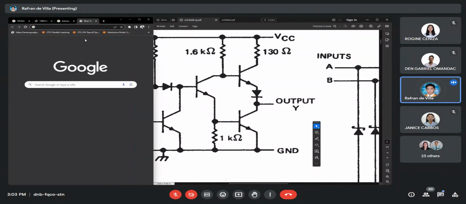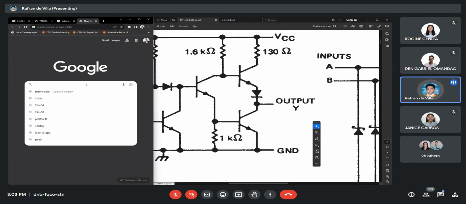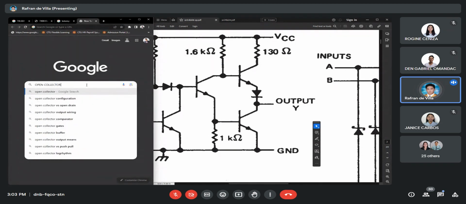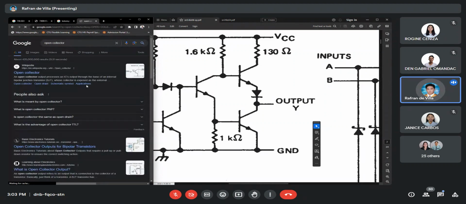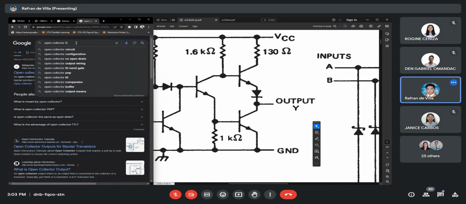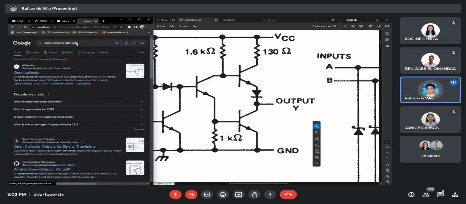Take note, there are actually ICs that, when generating a high logic, cannot generate a high voltage, unlike this one which has what we call voltage output high. Those are what we call open collector. So you might be able to use such a gate.